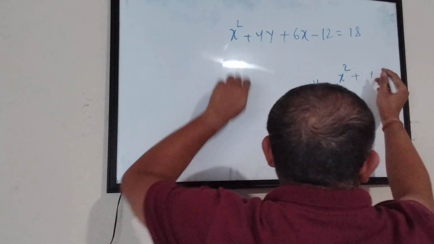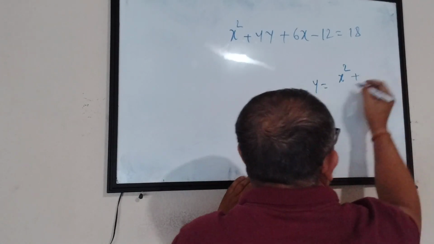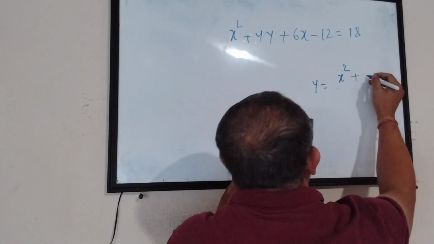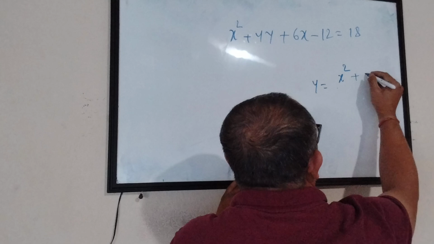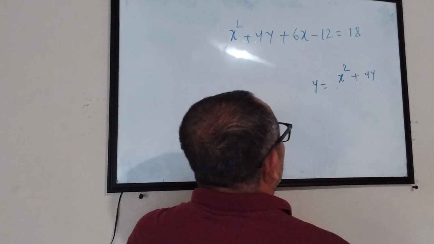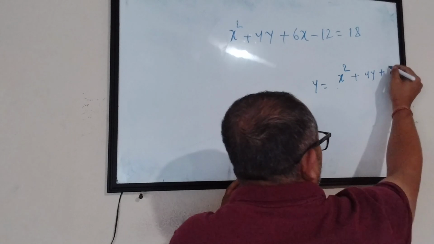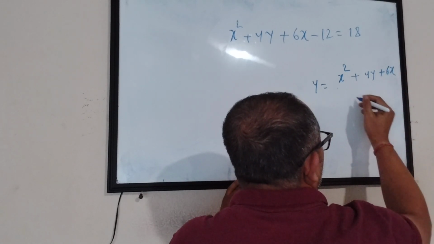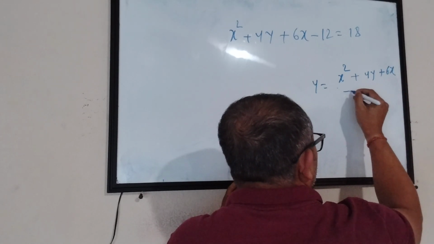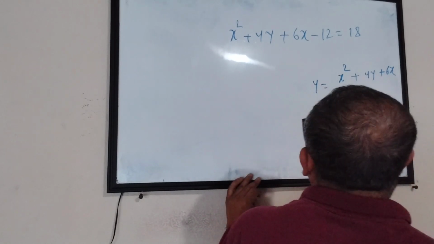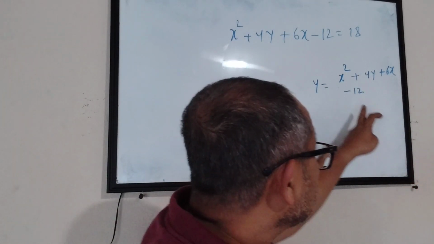No, x not squared, the 4. So y equals x squared plus 4y plus 6x subtracted by 12. So y equals this.